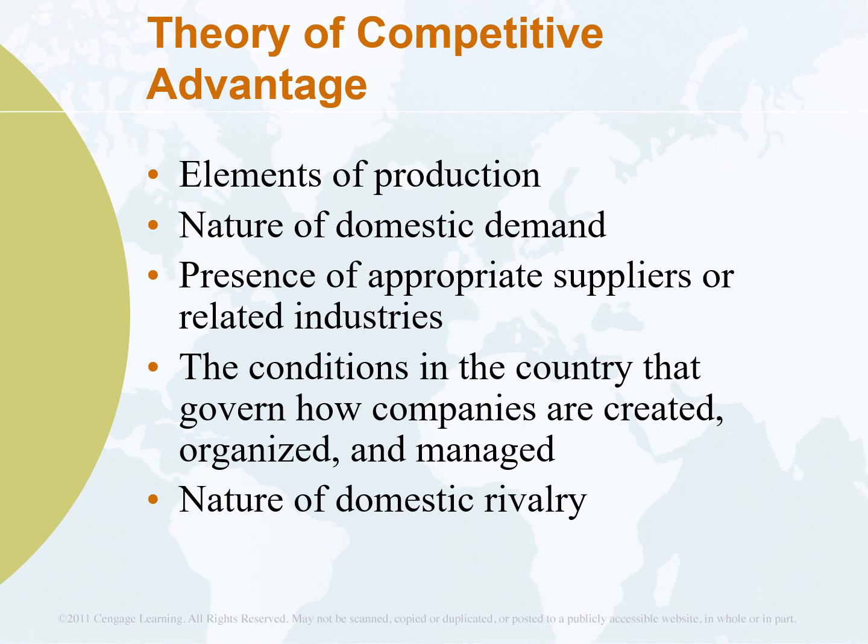It also depends on the nature of domestic demand, the presence of appropriate suppliers or related industries, the conditions in the country that govern how companies are created, organized, and managed, and the nature of domestic rivalry.